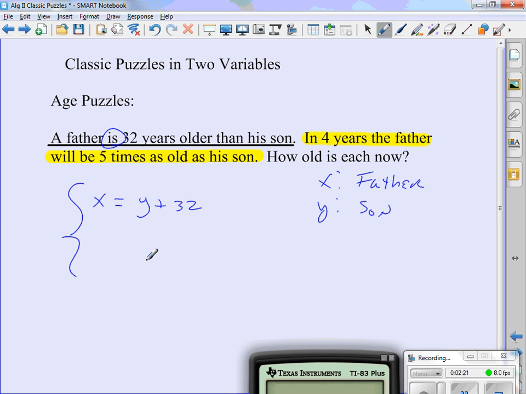Okay, if you're 16 right now, how old will you be in 4 years? You'd be 20. The father's not 36. How is the father's age changing? Going up by 4. So what's the father's age?